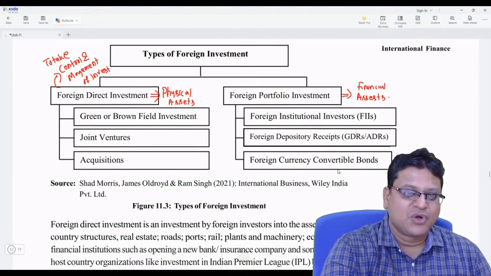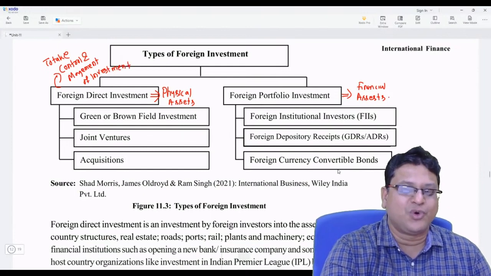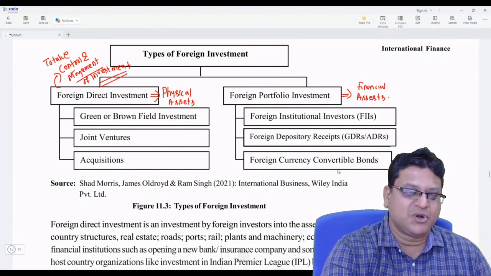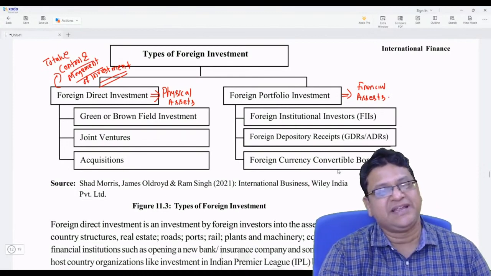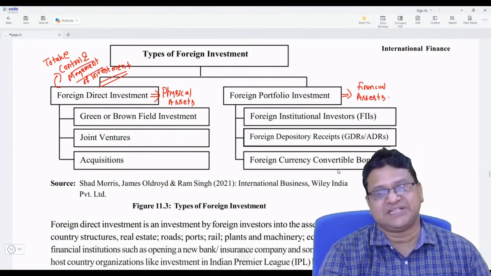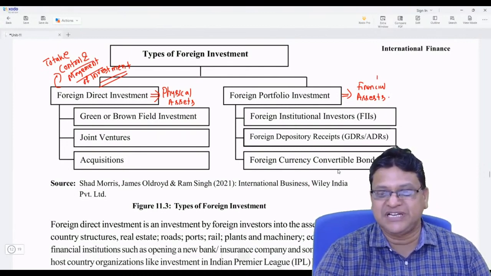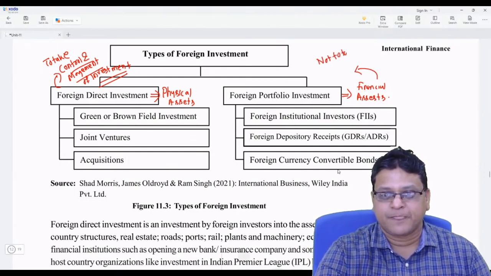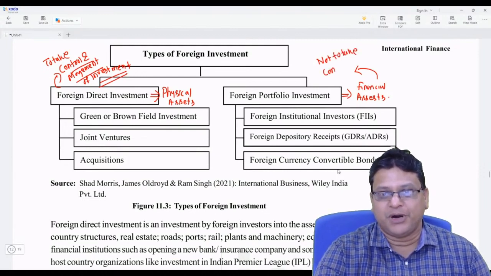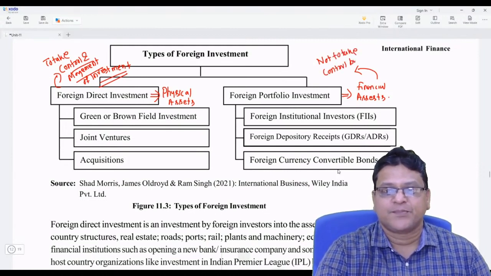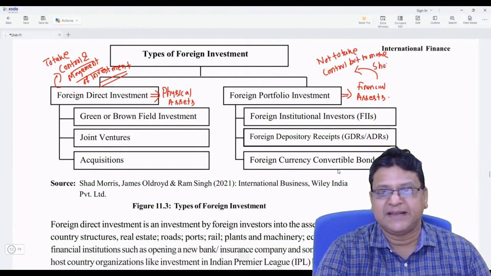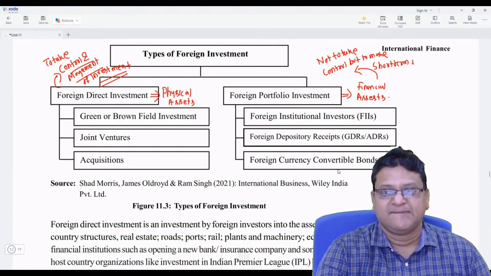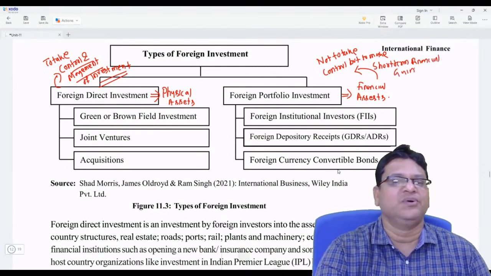If an investor comes with an outlook of controlling or managing the company where it puts its money, it's known as foreign direct investment. If the investor's intention is not to take control but to make short-term financial gain, it is known as foreign portfolio investment.